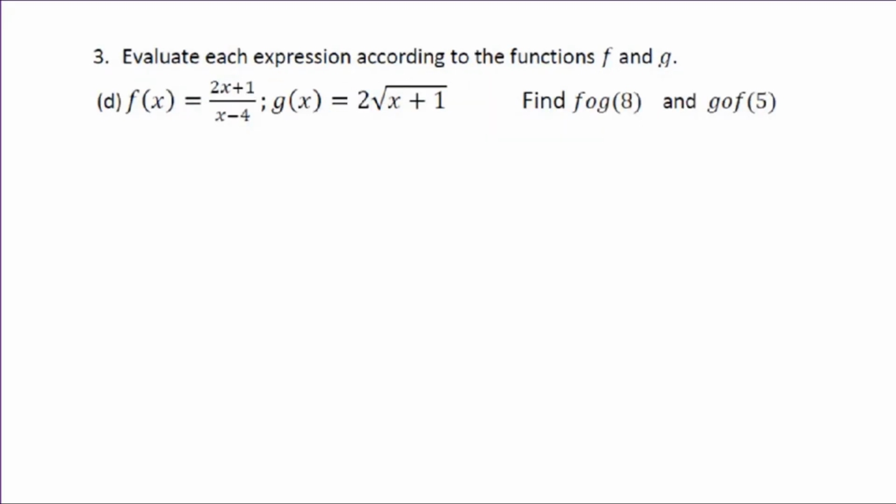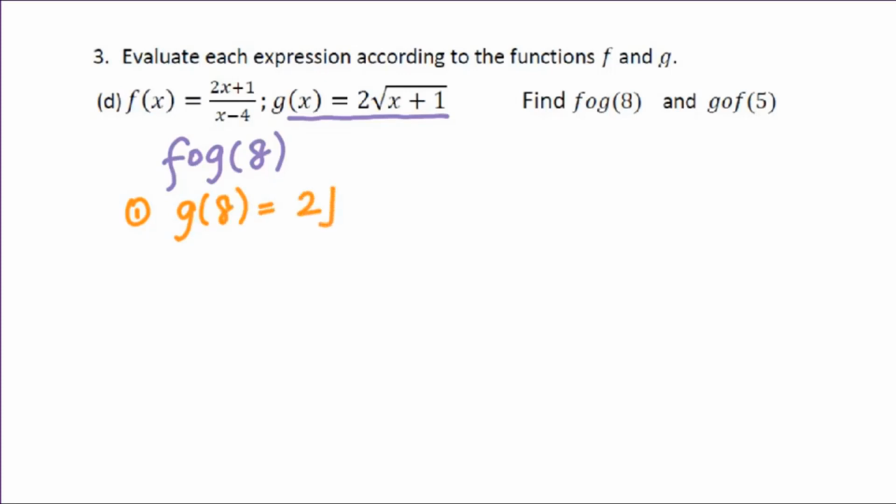Now let's go to D. f of x equals 2x plus 1 over x minus 4. g of x equals this one. Find f of g of 8. Inside first. Therefore, we're working on g of 8. We got 2 square root of 8 plus 1. The square root of 9 is 3. 3 times 2 is 6.